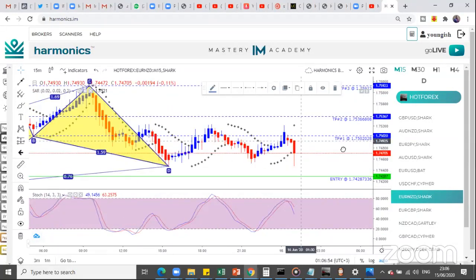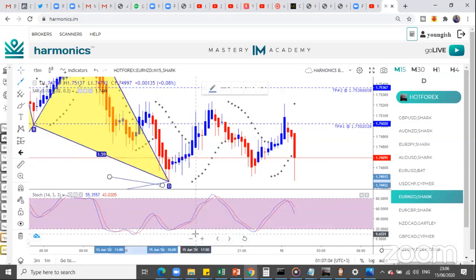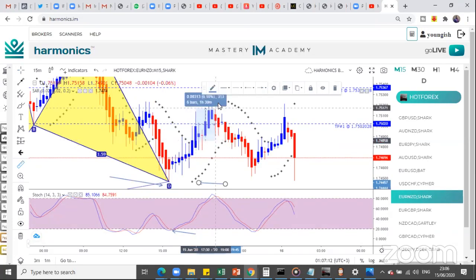Okay, so here now, the letter D came up, the cross happened, the parabolics are turned down, so you enter your buy here, and the buy was 30 something pips, and you have stop loss as 38 pips. Although I won't pick this trade because it's very close to the TP1.